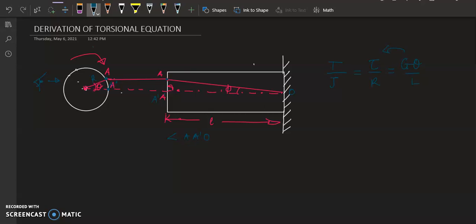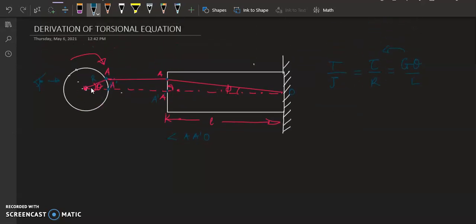Now this length A will be A prime. And we have some angles here to talk about. So we have theta, and in this other case we have phi.